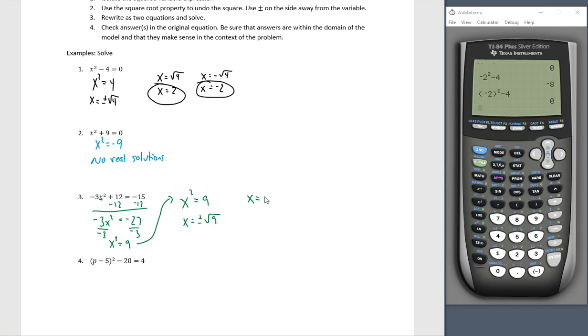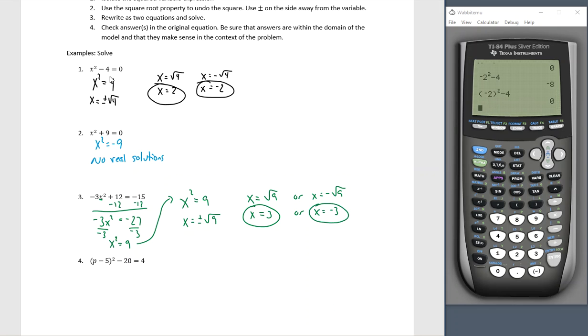We turn this into two equations, x equals the square root of 9 or x equals negative square root of 9, which tells us x equals 3 or x equals negative 3. And we can check. 3 squared is 9. 9 times negative 3 is negative 27. Negative 27 plus 12 is negative 15. And if we check negative 3, we would have the same result.